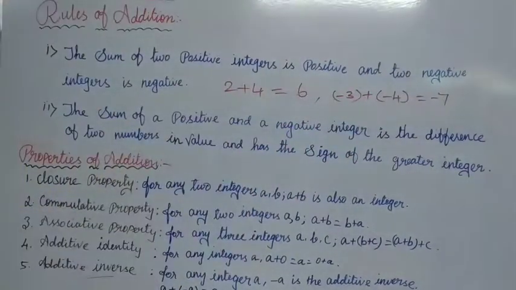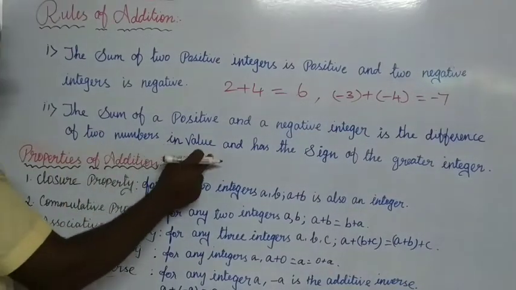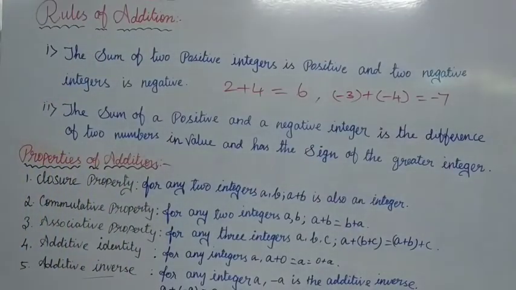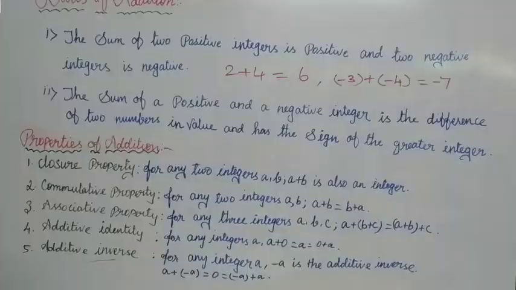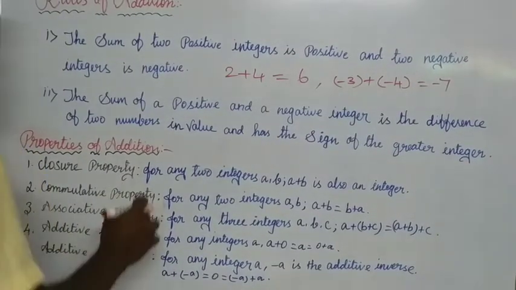Then the next one: the sum of a positive and a negative integer is the difference of the two numbers in value and takes the sign of the greater integer. Let us see an example for the second rule.